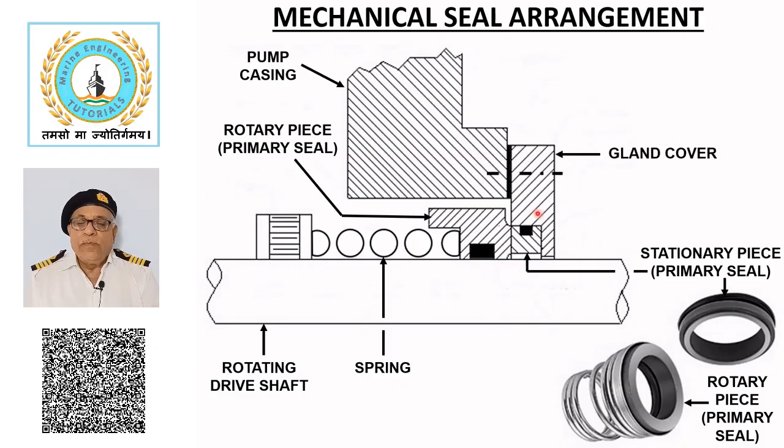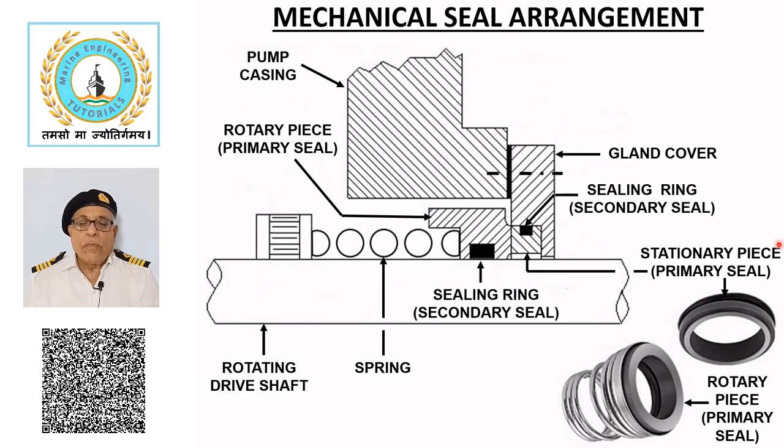Stationary piece of the primary seal made up of the polished carbon ring is secured by a pin in the gland cover. Both rotary and stationary parts of primary seal are equipped with a secondary seal made up of rubber or neoprene rings.